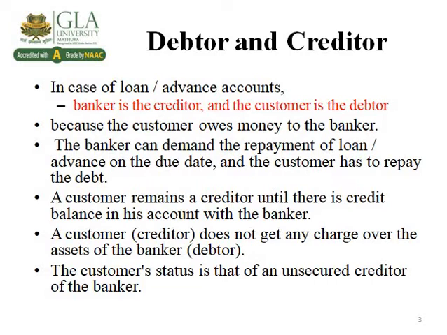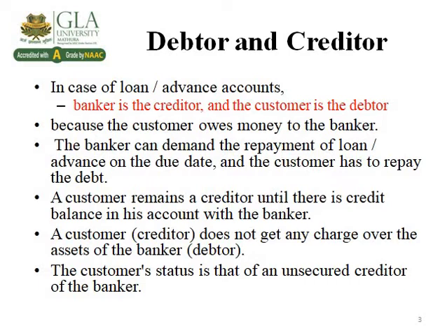When banks are accepting deposits, who is the debtor and who is the creditor? And at the same time when bankers are giving loans to the customers, granting loans and advances, who is the debtor and who is the creditor, that we are going to take care of in this video.